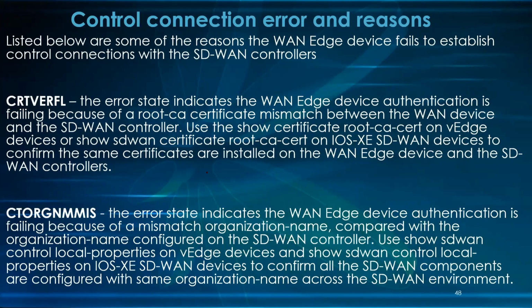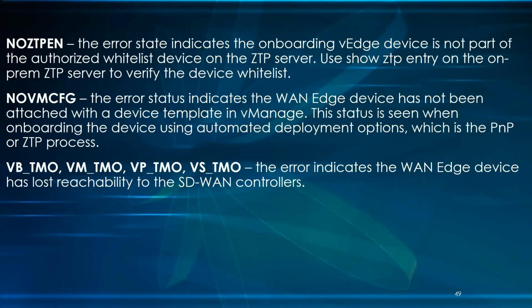Next, what we have, NOZTPEN. If you understand by this, the first is no ZTP entry. So it says the error state indicates the onboarding vEdge device is not a part of the authorized whitelist devices on the ZTP server.